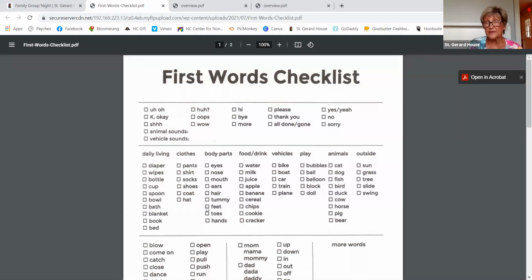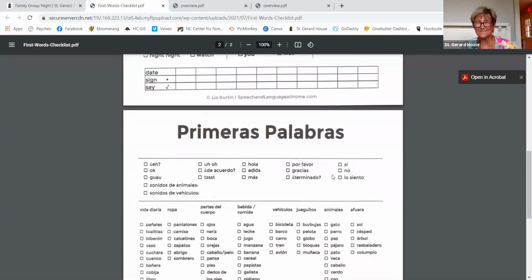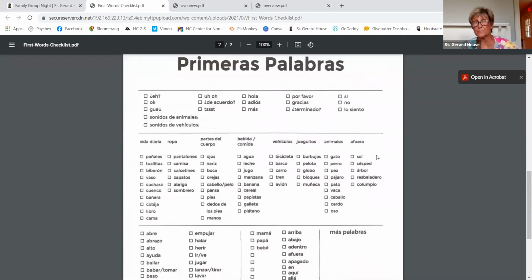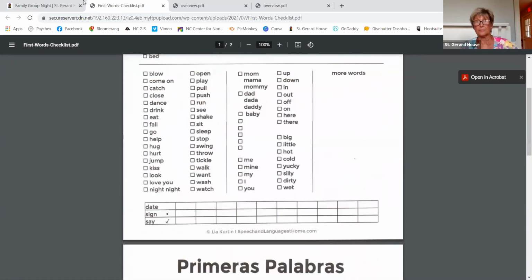On this checklist, there's "uh-oh," that's a good utterance. We say it all the time when spills happen or all sorts of things. "Okay," "huh?" Those all count as words when a child is learning new vocabulary and developing their speech. You can find this resource in English and Spanish on the website.